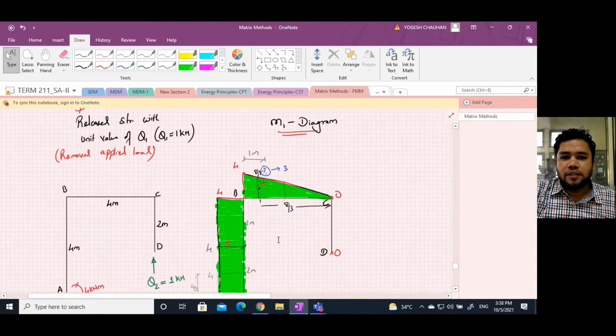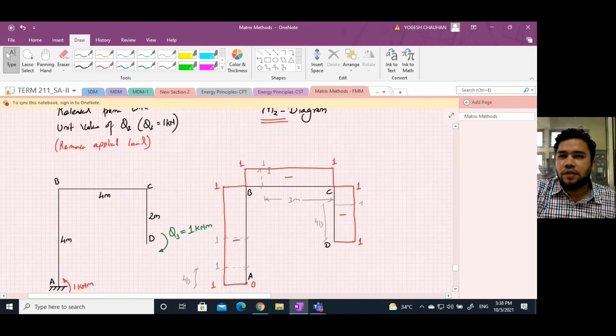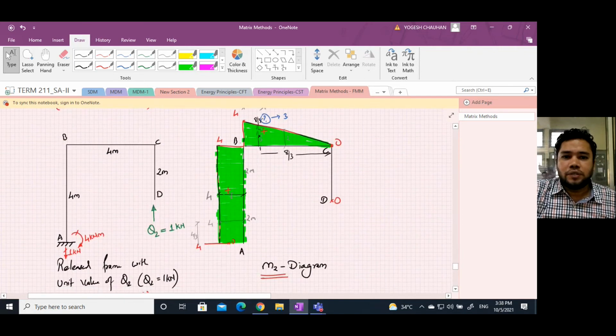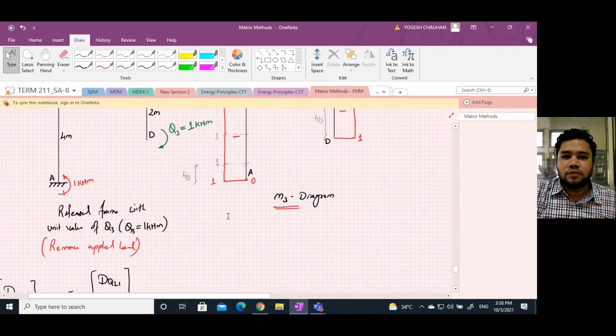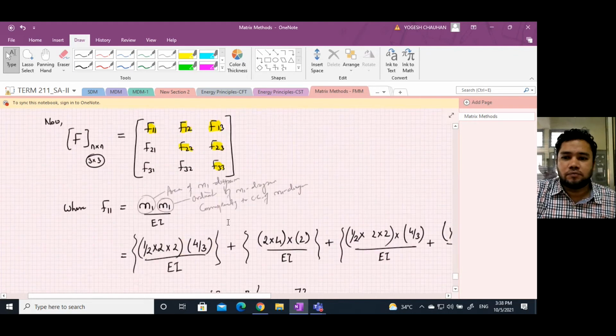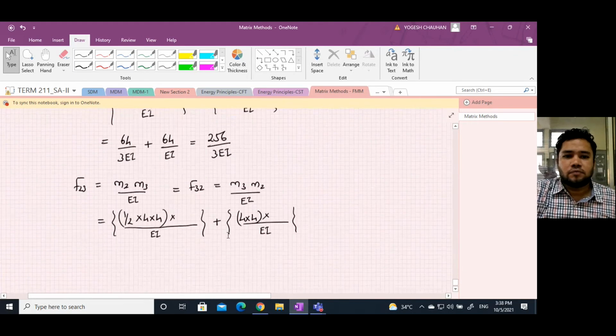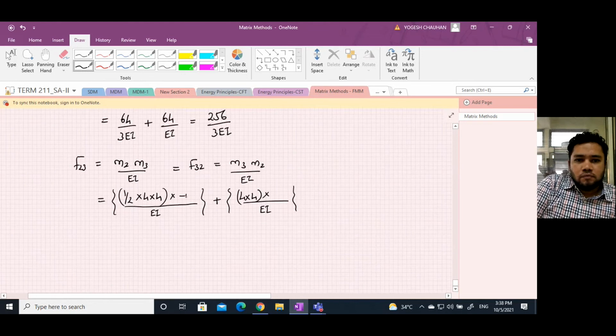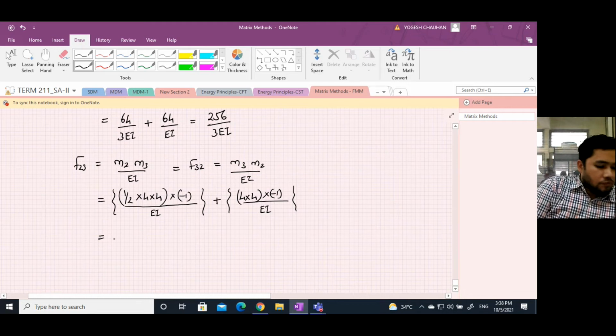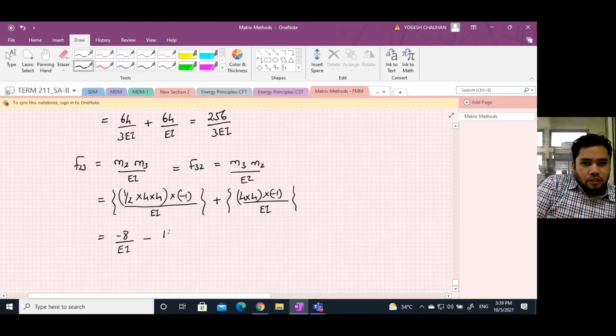So at 8 by 3 distance, ordinate is -1. At 2 meter distance, the ordinate is -1. So -1, -1. So finally this value will be -8 by EI minus 16 by EI.